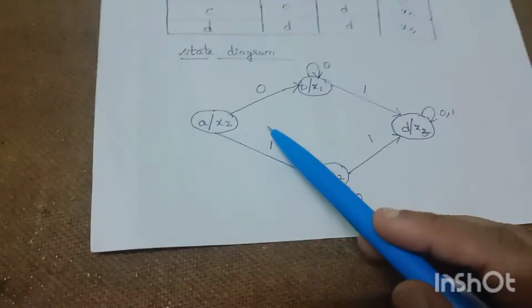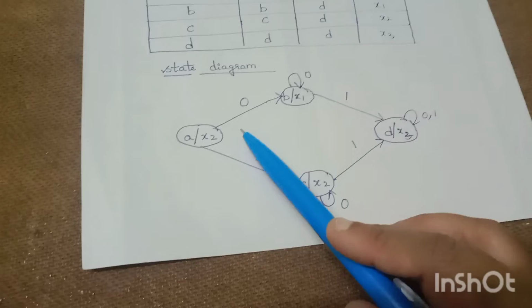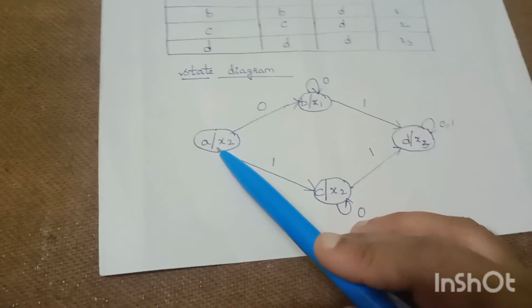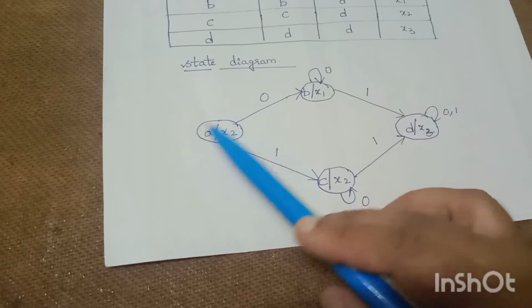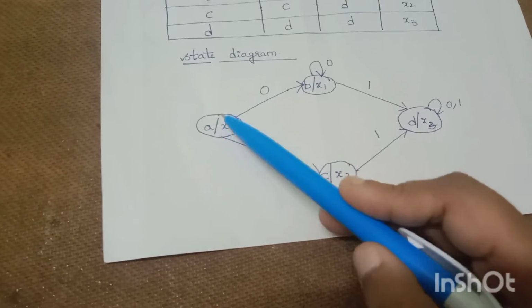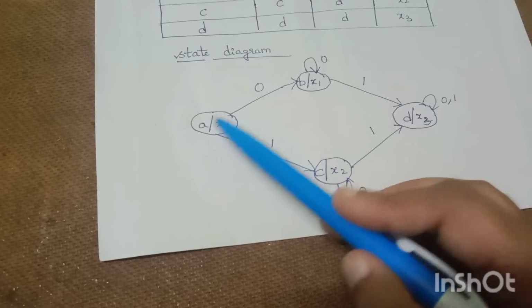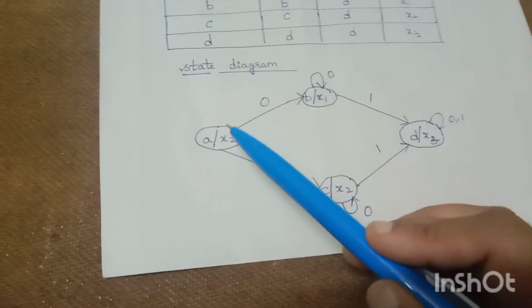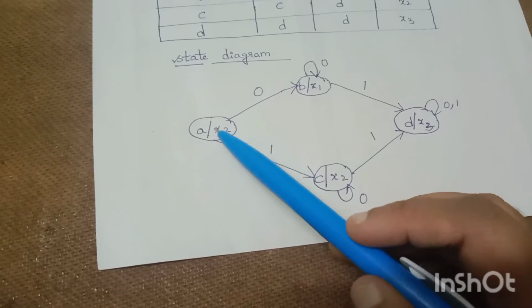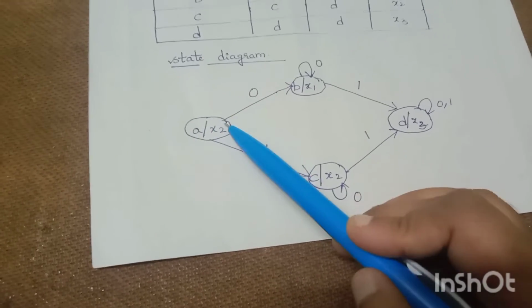Here we can see the state diagram. In the Moore machine the output depends on the present state, so in the state itself we are going to mention our output.